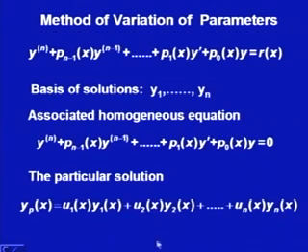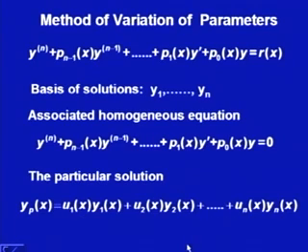Do you remember that in the second order case we had taken u1(x) y1(x) plus u2(x) y2(x)? Now, since we have n solutions of the corresponding homogeneous equation, we would have n unknown functions u1, u2, ..., un.